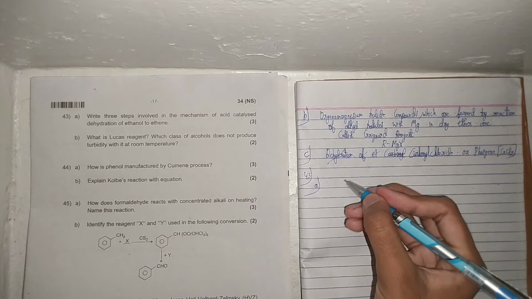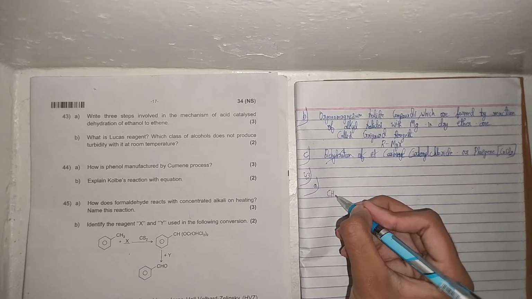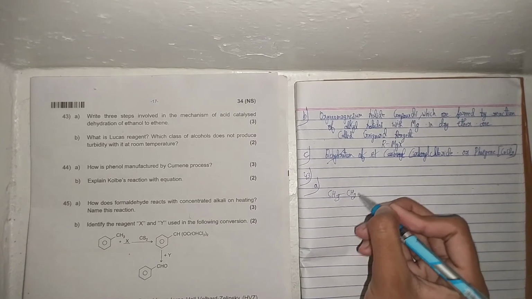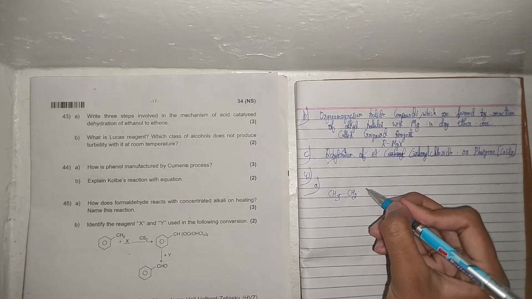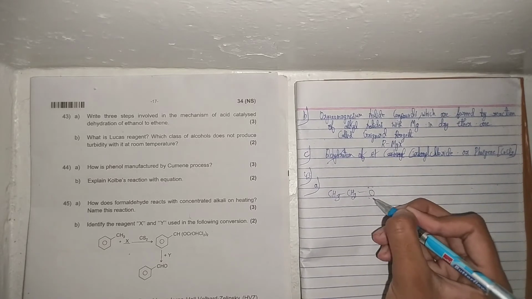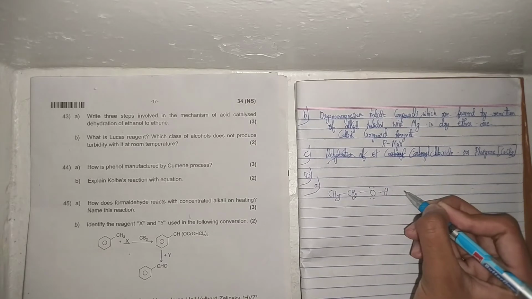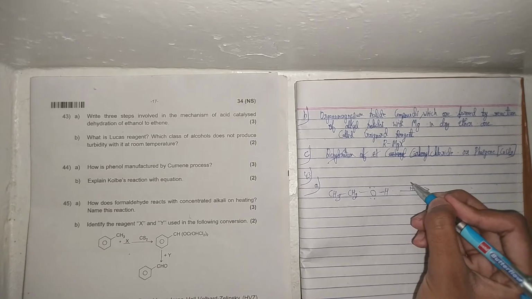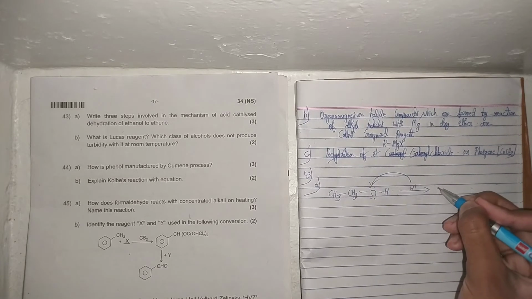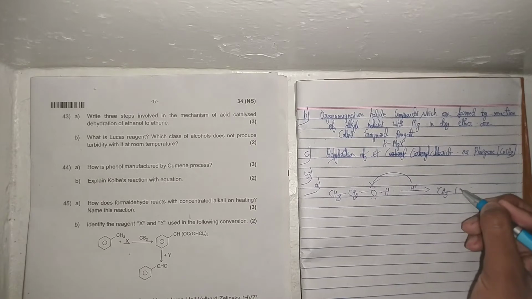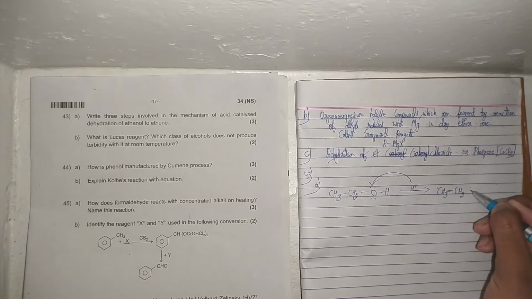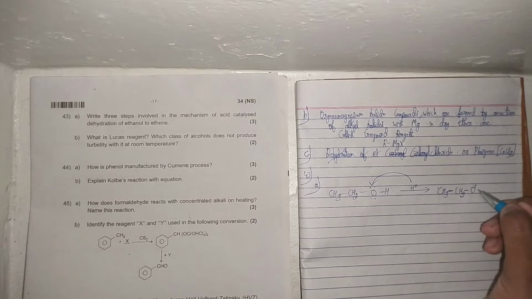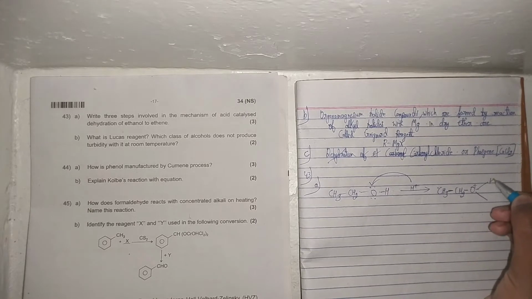First one is CH3CH2OH plus H+ gives CH3CH2OH2+. This is the first step of the dehydration of ethanol.